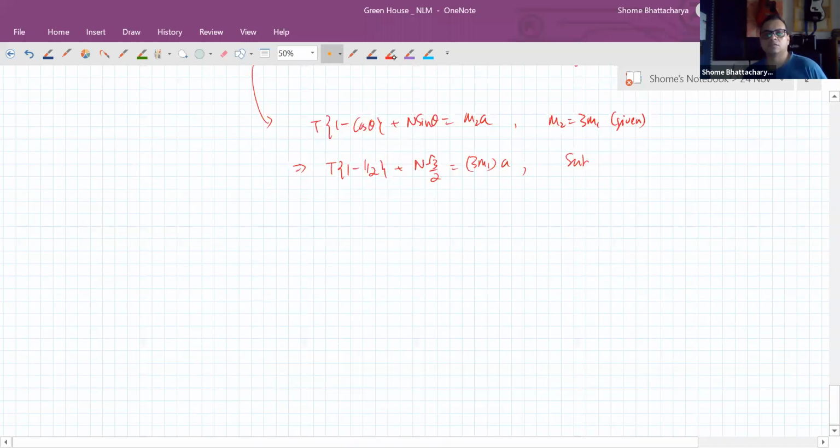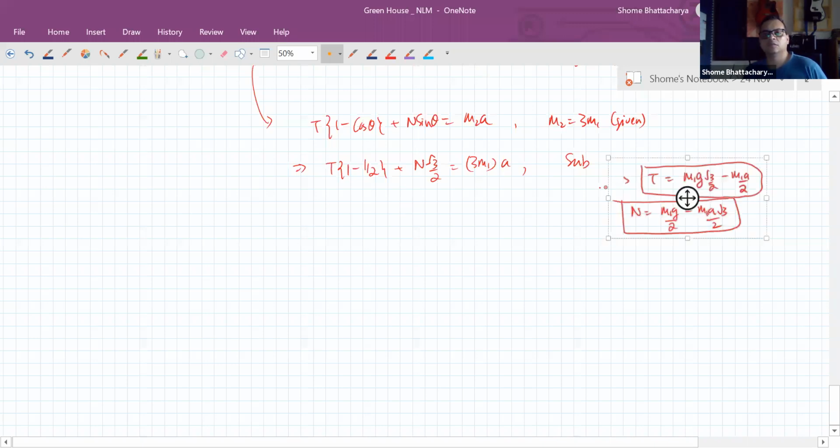So when we substitute these two here, this becomes m1g root 3 by 2 minus m1a by 2, the whole thing into half, plus root 3 by 2 into N, which is m1g by 2 minus m1a root 3 by 2, is equal to 3m1a.